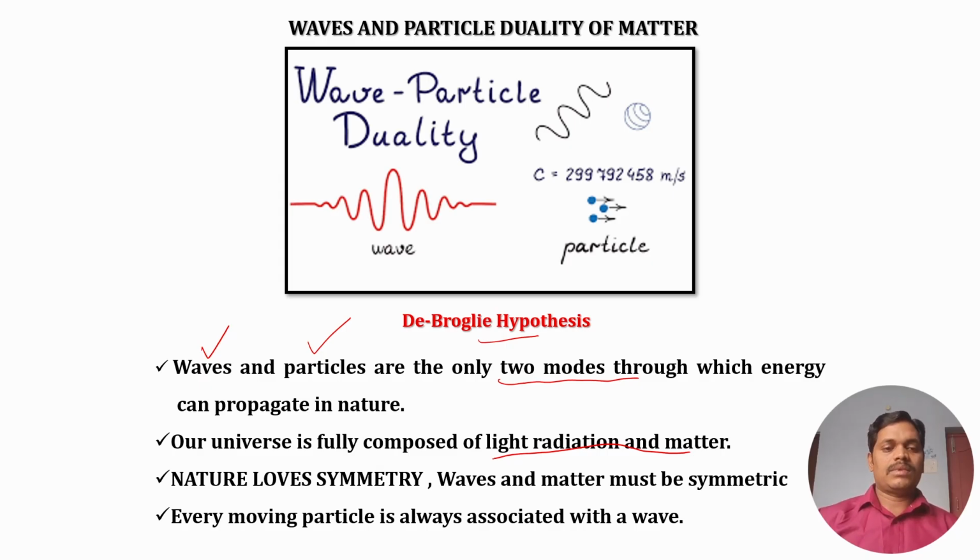And here I would like to add some important ideas, which is E equal to mc square. See how the universe is balanced. For that, Einstein has given this equation E equal to mc square.